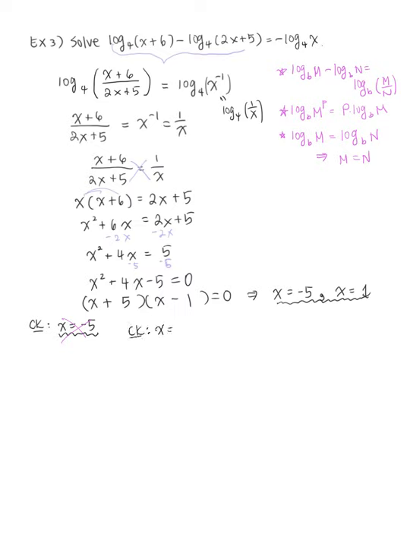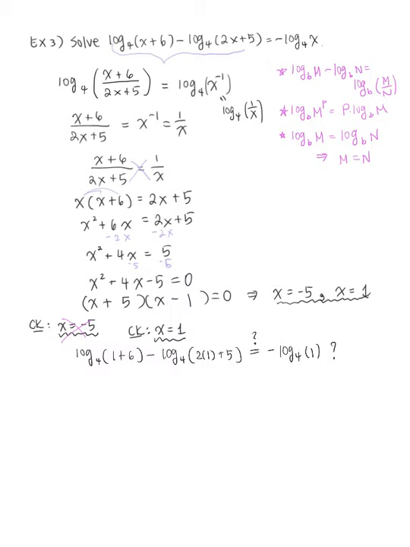Now let's check when x is 1. I'm going to plug this 1 into the top equation. So let me just write it over here. We have log base 4 of 1 plus 6, minus log base 4 of 2 times 1 plus 5. Is that going to equal negative log base 4 of x, which is 1?